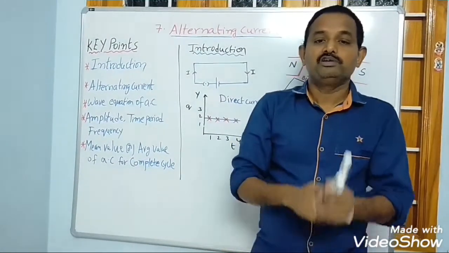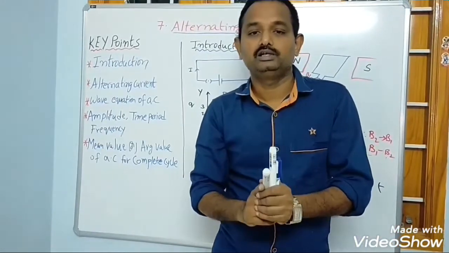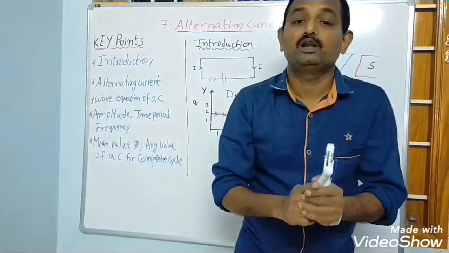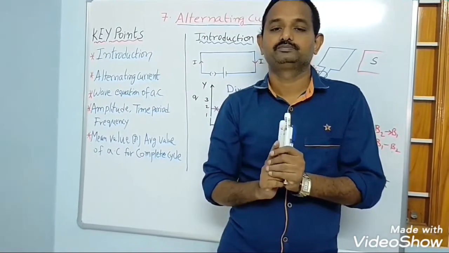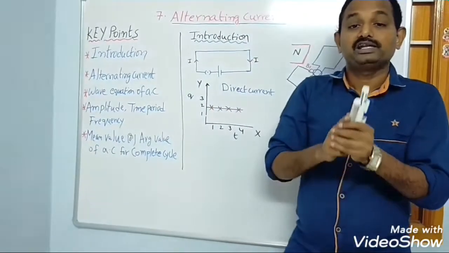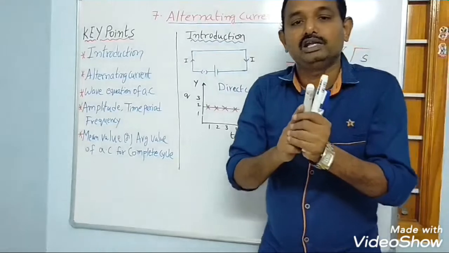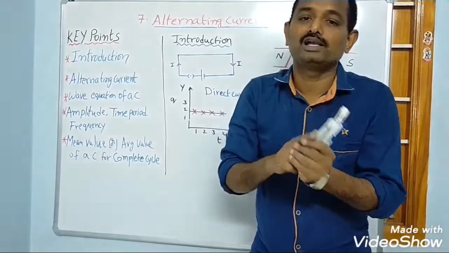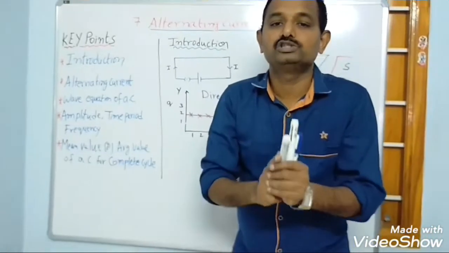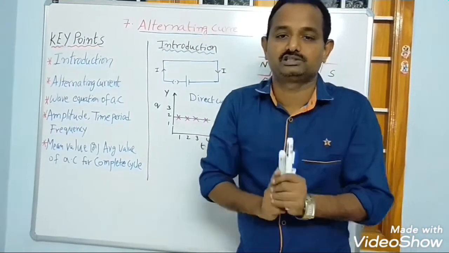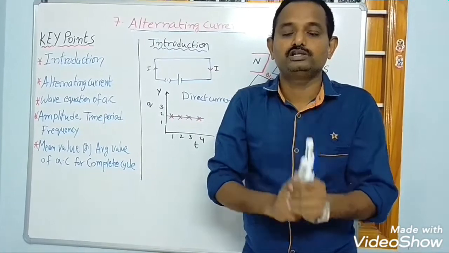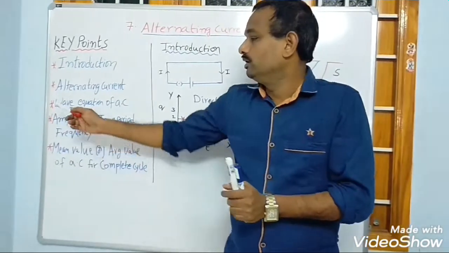Because we can transfer alternating current over a longer distance without much loss of energy, and we can change alternating voltage from one value to another by using a transformer. So these are the two advantages.